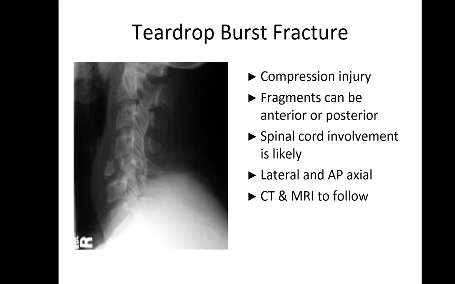And the problem with posterior displacement is that those fragments can then pinch or press on the spinal cord. That results in neurologic damage. Patients with teardrop burst fractures can, as a result, become a quadriplegic, for example.